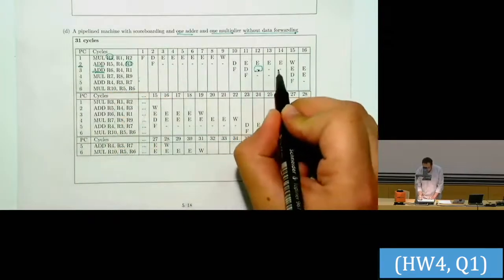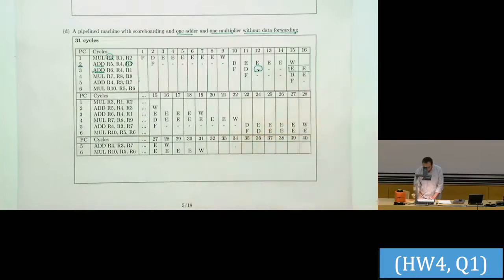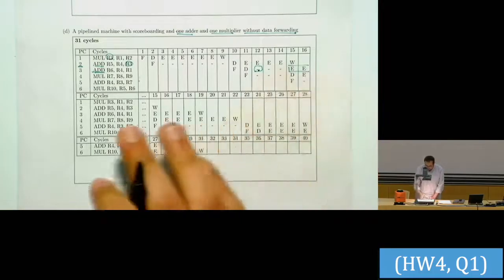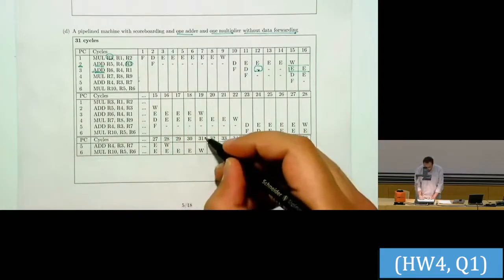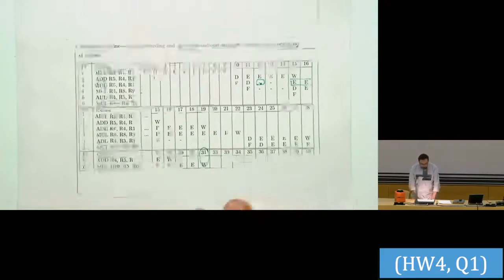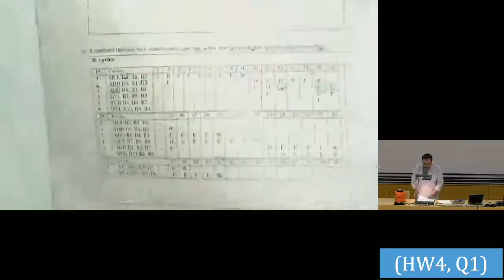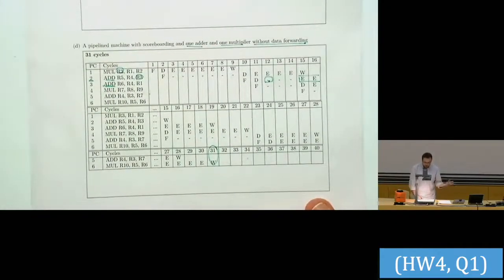So we need to wait until it's completed, and then we start using it from this side. And then once you follow the same idea and do the rest, then you see that now we completed in the 31st cycle, which means that in the previous one it was 28. Now we have lost 3 cycles because we don't have additional adders and multipliers.